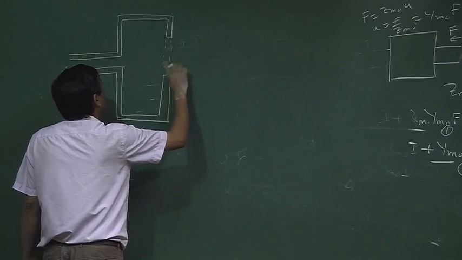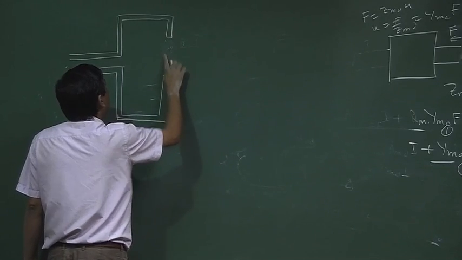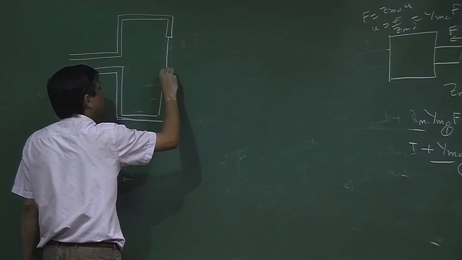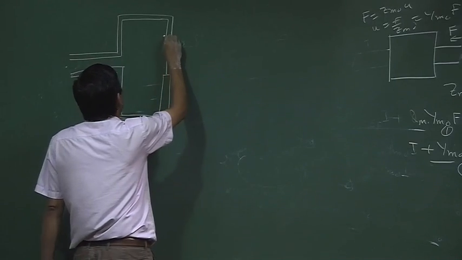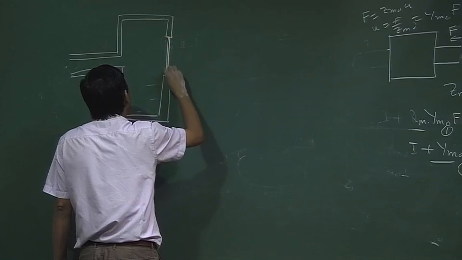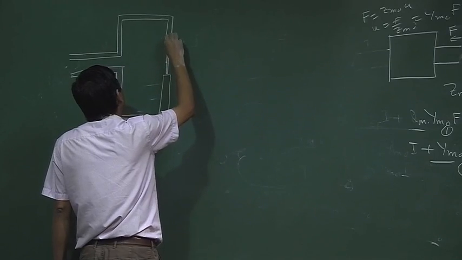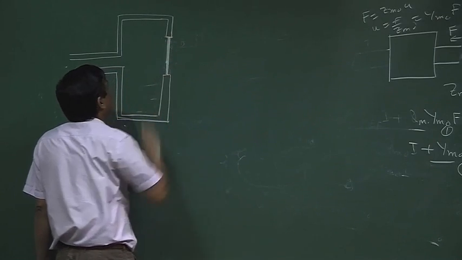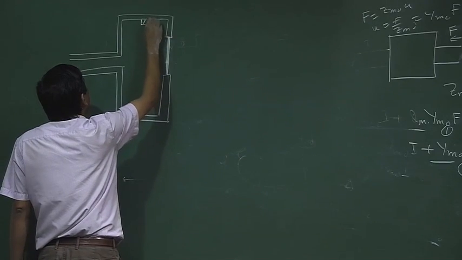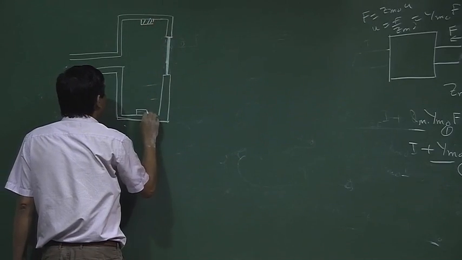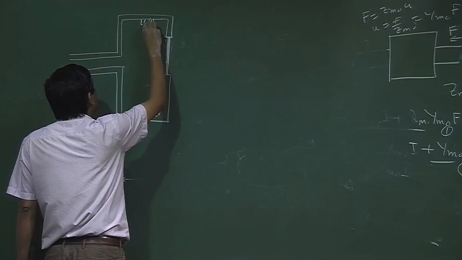So, this is the casing and here my diaphragm is connected. In between there is a plate, and the plate attaches to the diaphragm, and I have an electrical isolation here, and I have another plate.